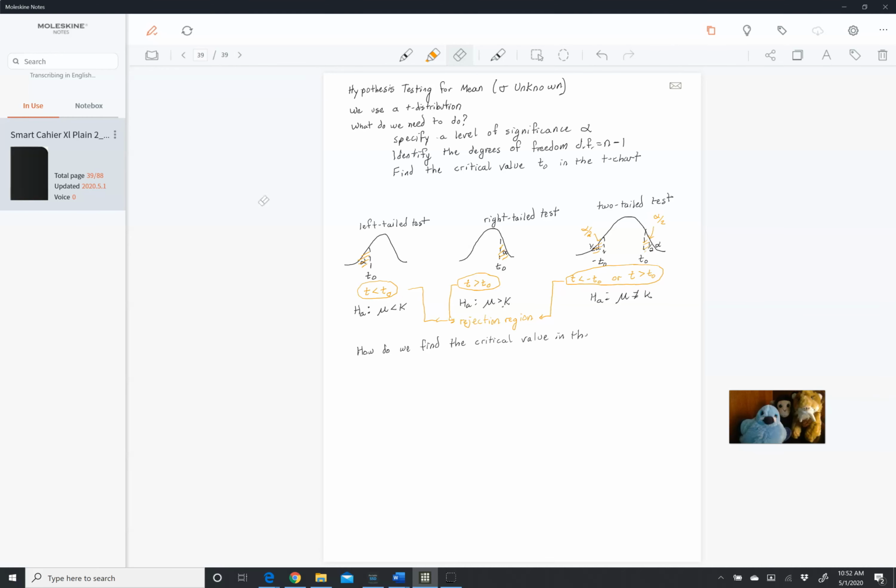And we'll do a little bit of practice. So if it's a left-tailed test, you're going to use the one tail column, and you'll see what we mean by that, for alpha.